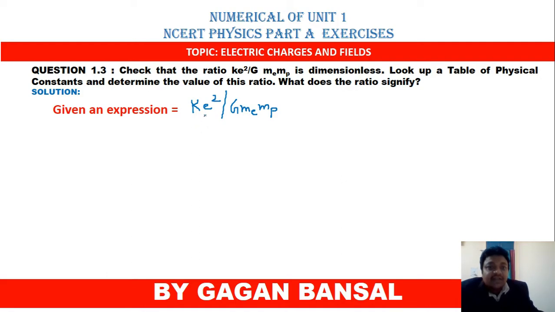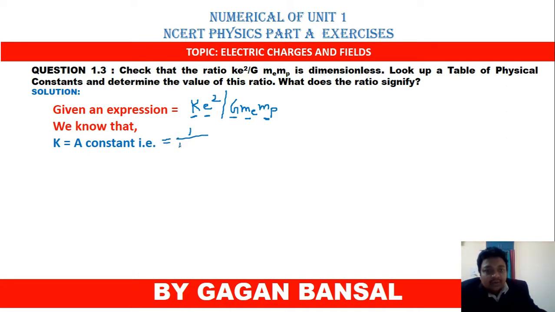First of all, we will try to find the dimensions of all these, say k, e, G, me and mp. For that we need to know what each of them is. Let's take every point one by one. First, k is a constant which equals 1 upon 4 pi epsilon naught, where epsilon naught is the permittivity of free space.